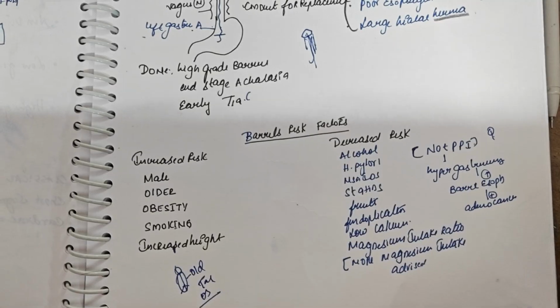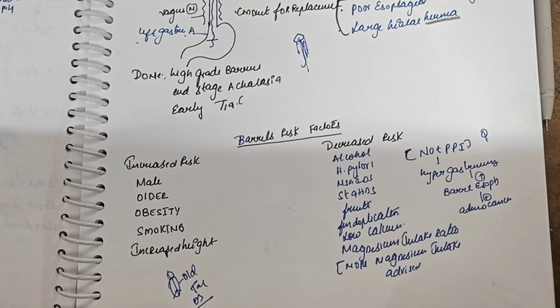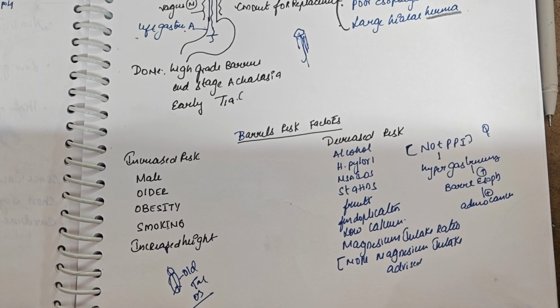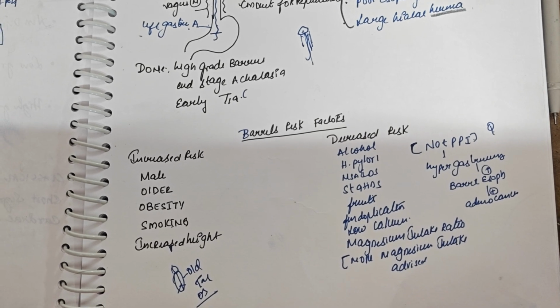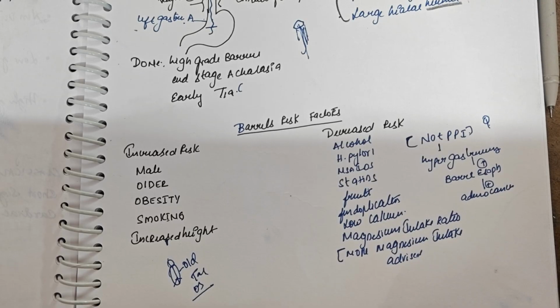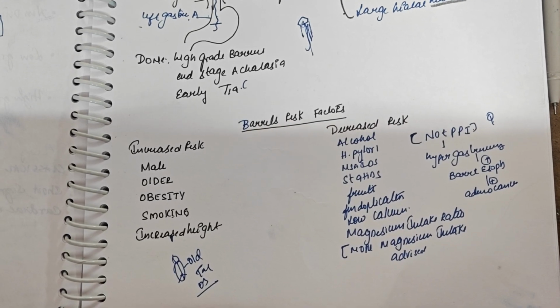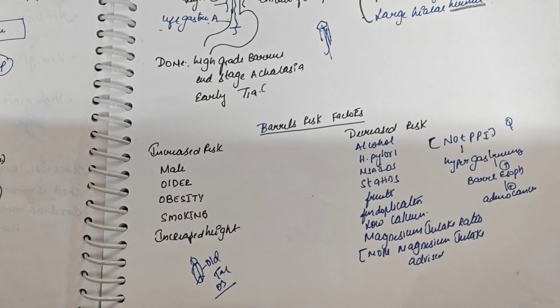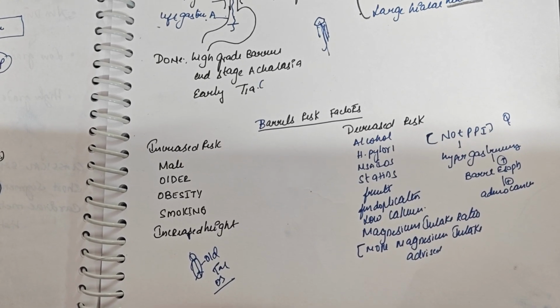What are the decreased risk factors? Alcohol, H. pylori, NSAIDs, statins, fruits, fundoplication, low calcium, and a low calcium to magnesium intake ratio decrease the risk. That means if calcium is low, more magnesium intake is advised.